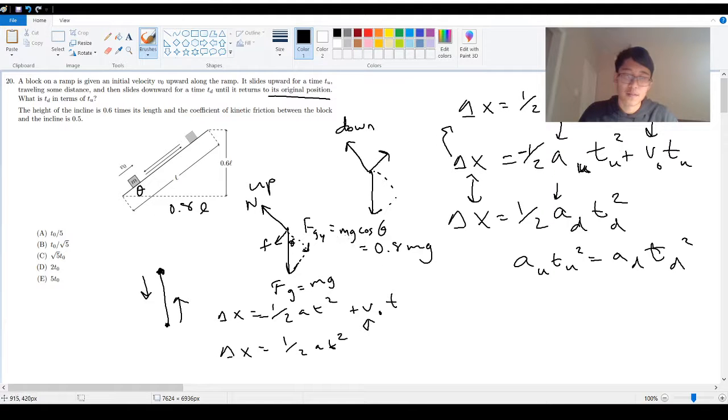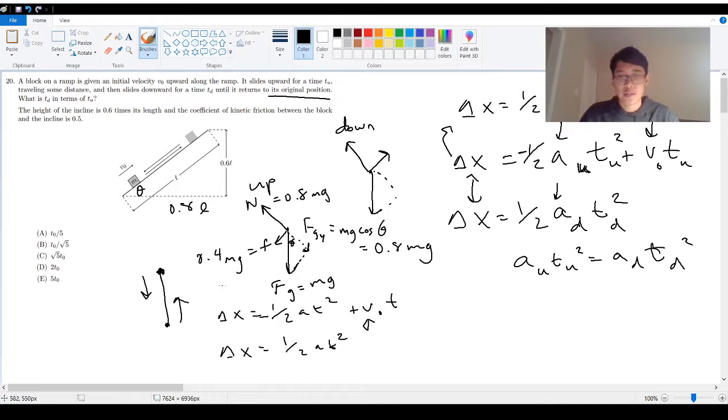And that means that normal force is also equal to 0.8 mg. And we also are given the coefficient of kinetic friction between the block and the incline, 0.5. So the force of friction is equal to this thing times 0.5, which is 0.4 mg, right?